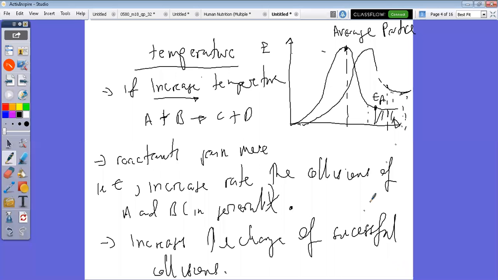Is that clear? When I increase the temperature, the particles gain more kinetic energy, more collisions, and a higher probability of more successful collisions. That's how increasing temperature affects the reaction. Decreasing temperature is the opposite. It reduces the rate of a reaction.